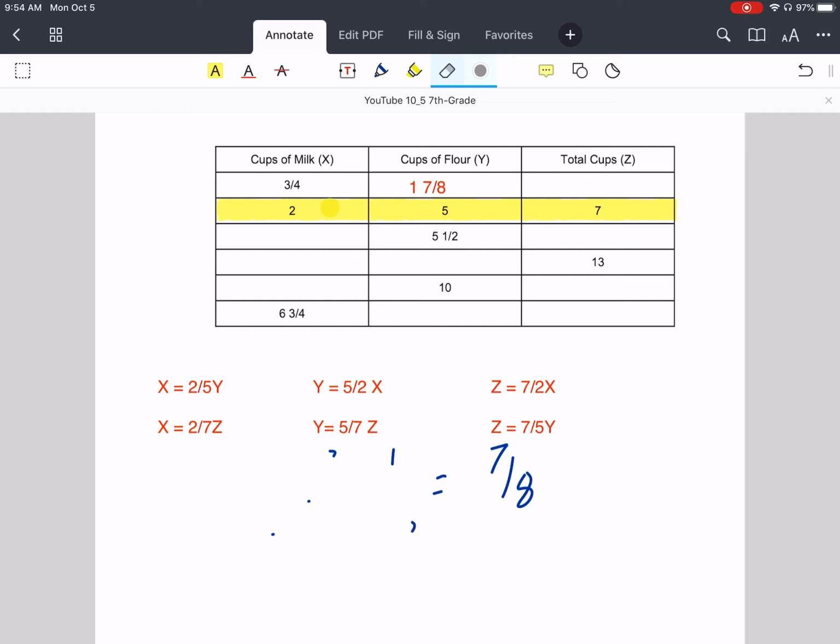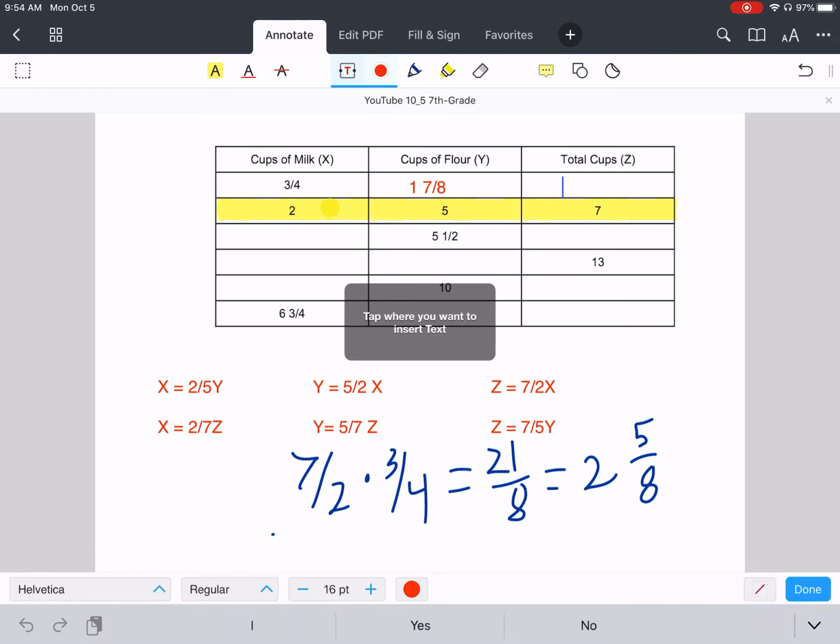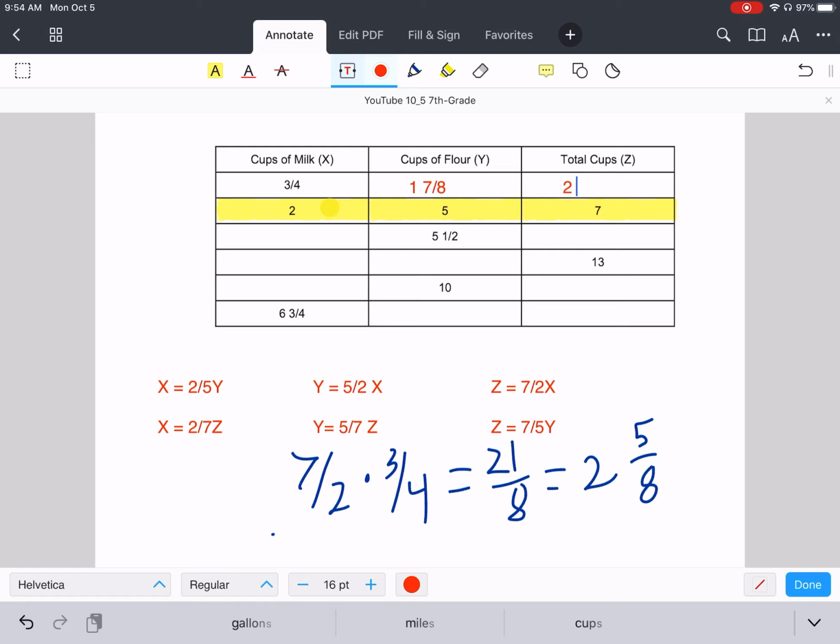Then we have 7 over 2 times 3 over 4, which equals 21 over 8, and that's going to be equal to 2 and 5/8. And if you added up the x and the y value, that would give you the total of the z value.